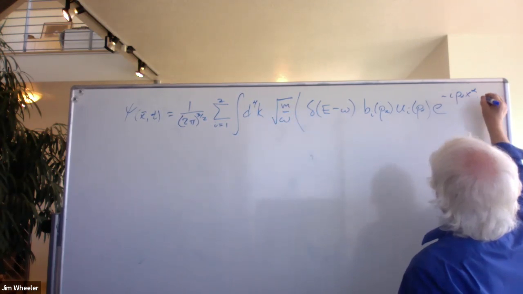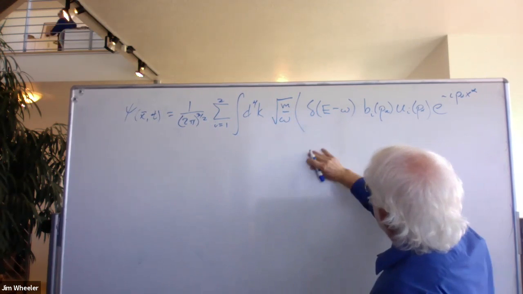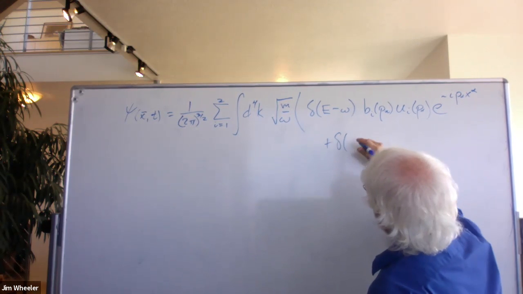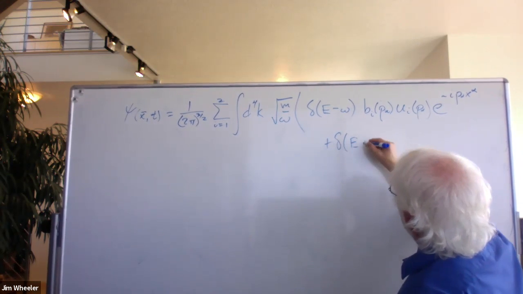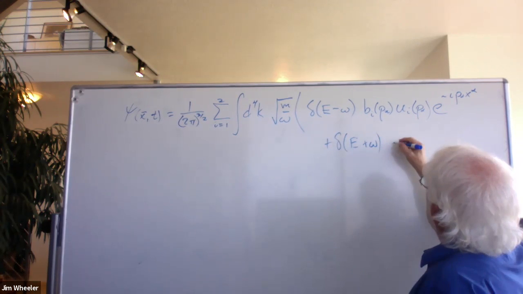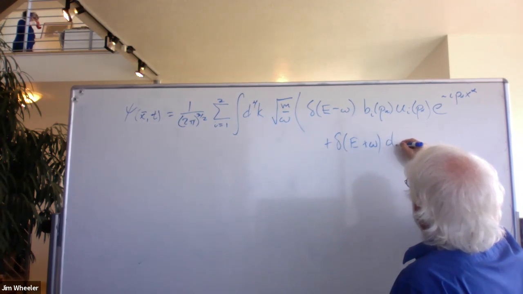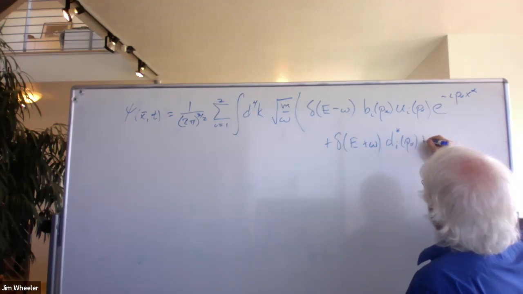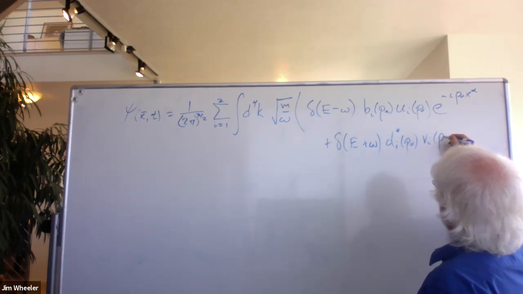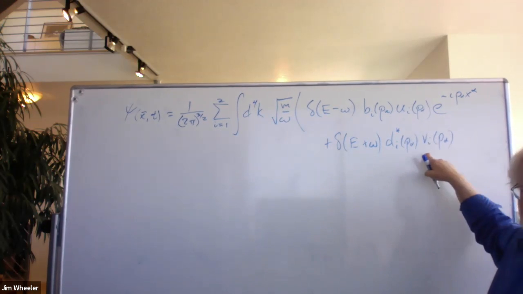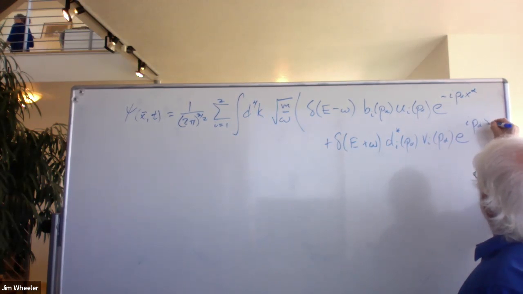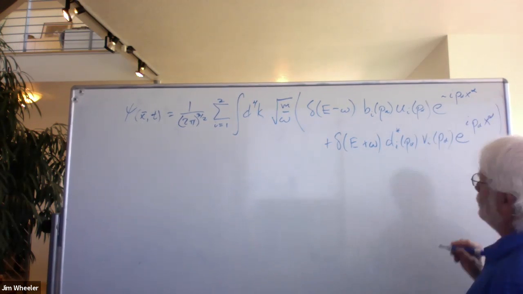Then we have the negative energy states where E has to be equal to minus omega. And we have some conjugate amplitudes here, and the negative energy basis spinors and an e to the i p_alpha x^alpha, close paren.